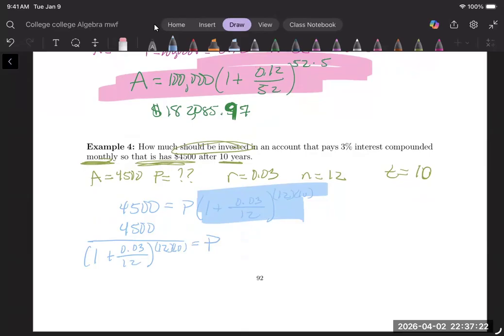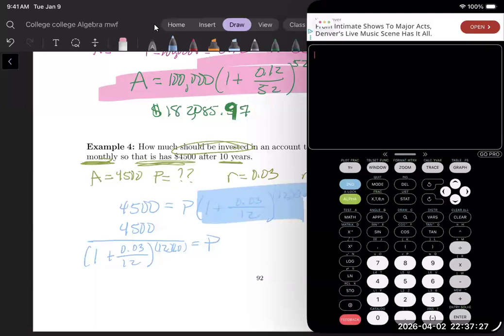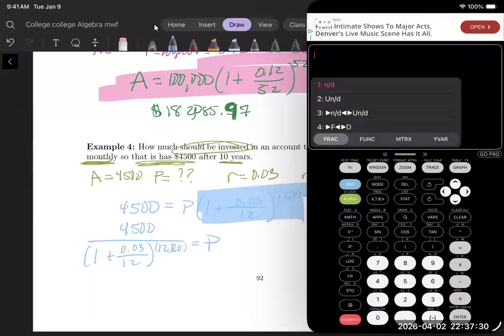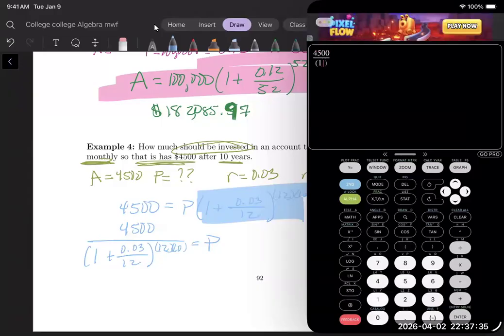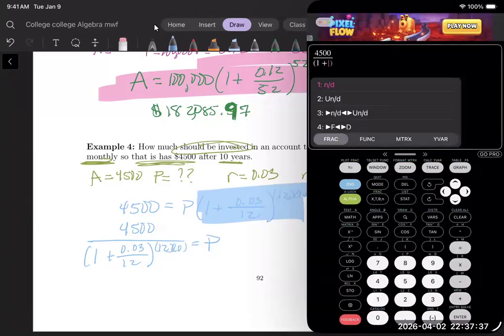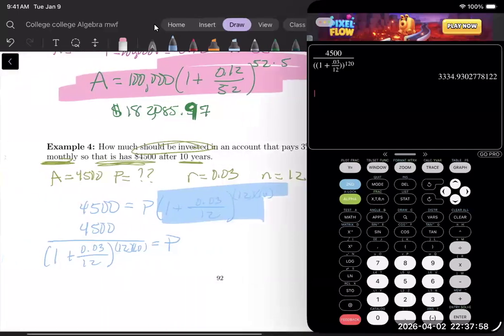Now, this is what we're popping in. I'll go fancy: fancy fraction 4,500 over parenthesis 1 plus fancy fraction 0.03 over 12, and then close my parentheses. Raised to the 120, 12 times 10, right? Perfect. 3,333,493.